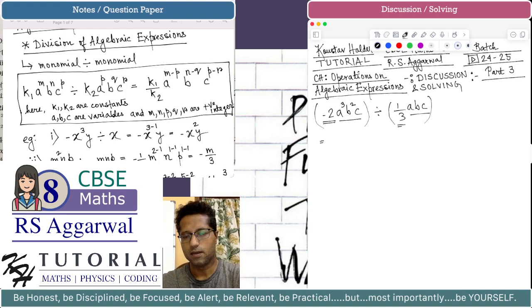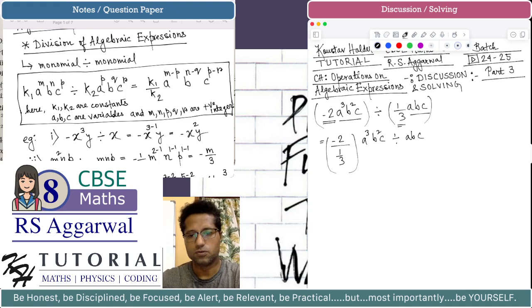We first do the division between the numerical coefficients, that is -2 divided by 1/3. This becomes the numerical coefficient of the result. Now we divide the literal coefficients, that is a cube b square c divided by a b c. So now if we simplify, this becomes -6, and we have a cube b square c divided by a b c.